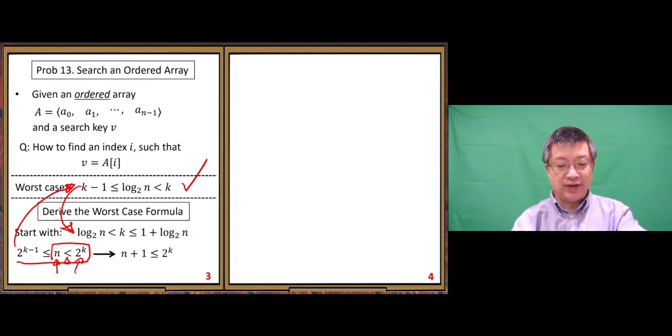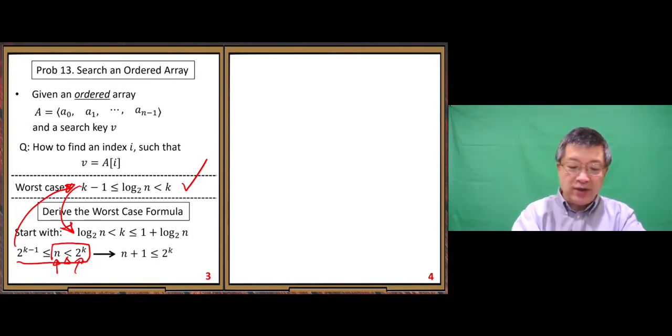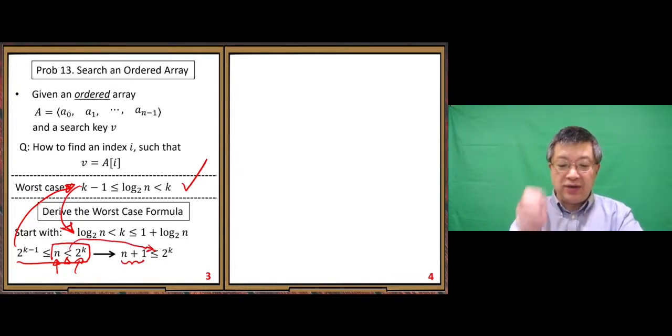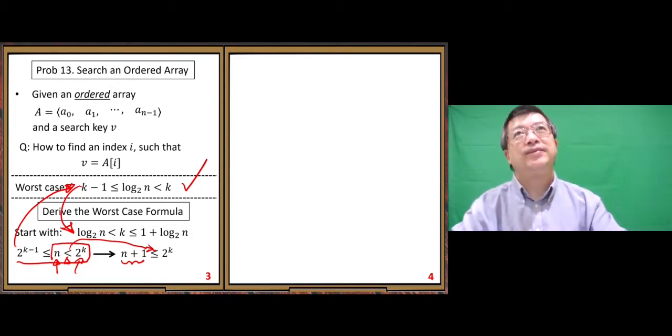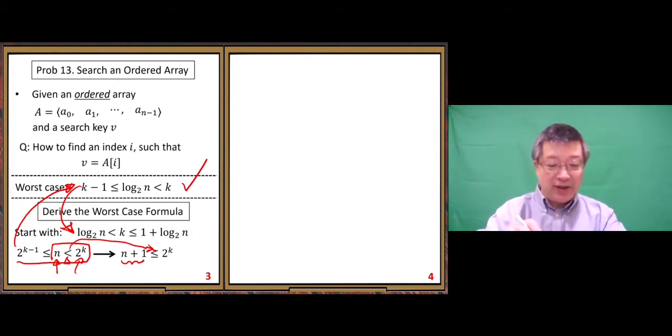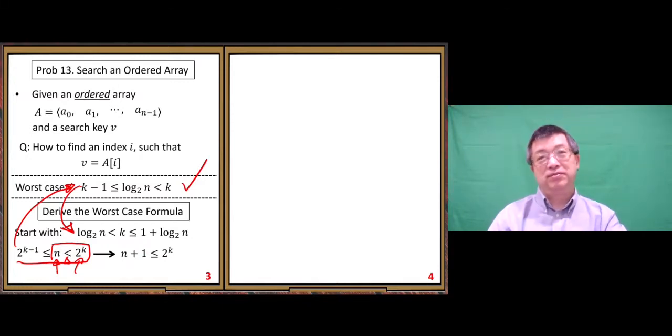So look at this. We just add 1 to n, then we can change strictly less than to less than or equal to. The reason we do that is that we can improve our estimation.